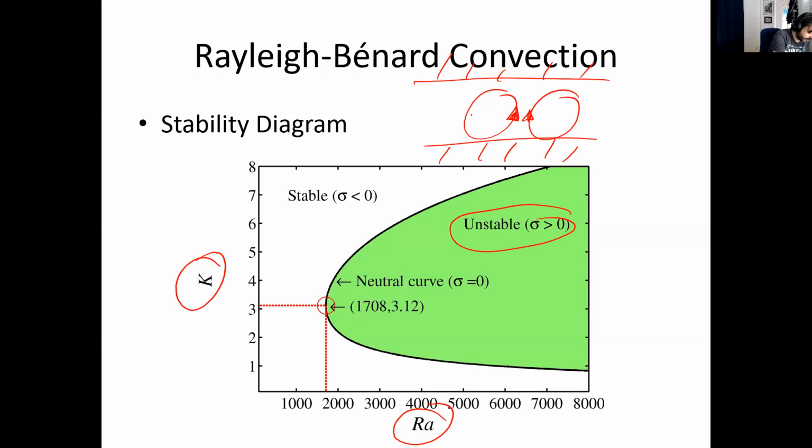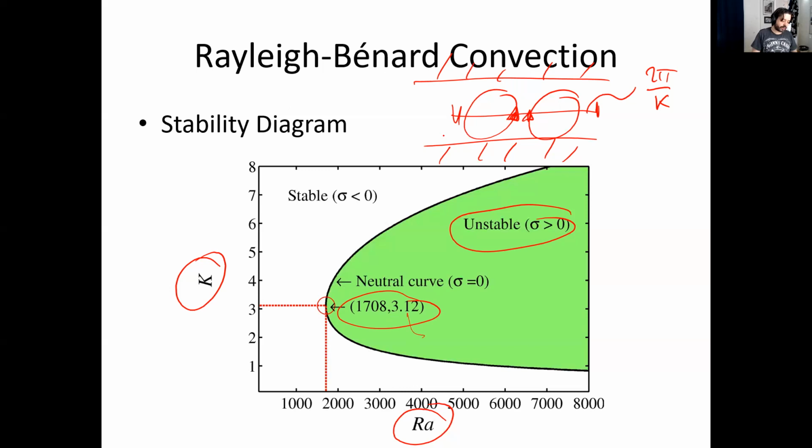So this length here would be 2 pi divided by k, that's the wave number of the disturbance. And as you can also see, there is a critical Rayleigh number and wave number, which is at 1703 or 1708, and roughly pi, meaning that these convection cells are roughly circular.